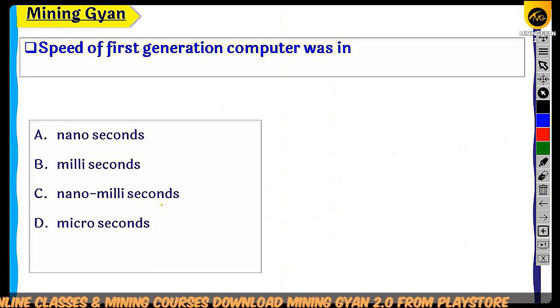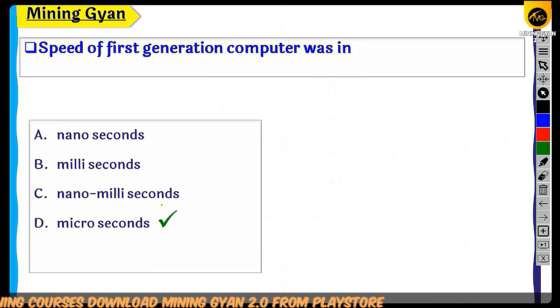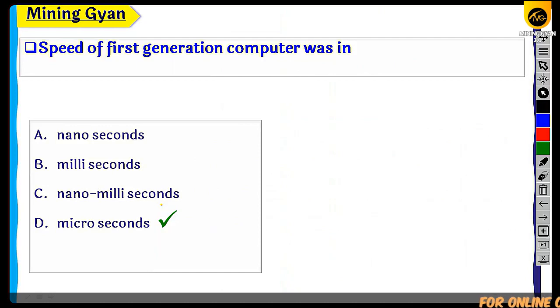So option D will be the correct answer. Basically, the storage devices used in the first generation were magnetic drums, which are the slowest storage devices. So they are measured in microseconds. Okay, so speeds are in microseconds in the first generation of computers.